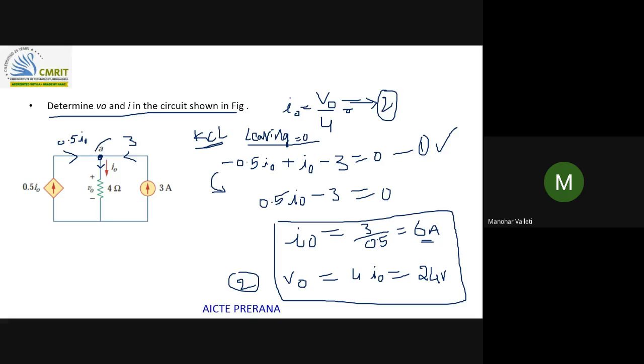And in this branch, if I apply Ohm's law, I will get V naught equal to I naught into 4. As I naught is 6 amps, V naught equal to 24 volts. Fine. Shall I move on to the next?